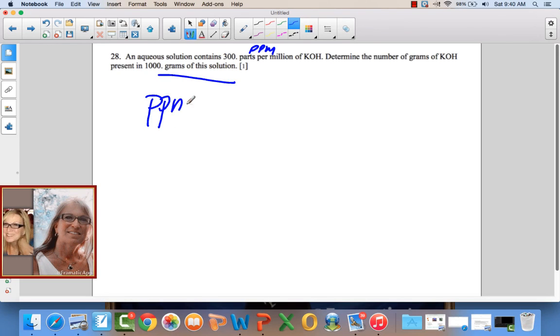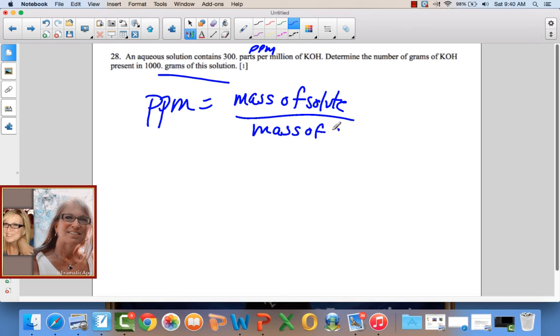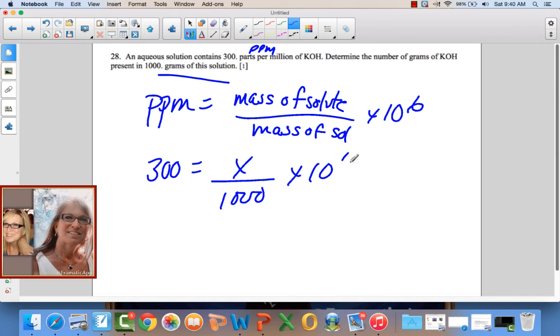So ppm equals mass of solute over mass of solution times 10 to the 6th. You should get in the habit of writing everything down. 300 equals x over 1,000 times 10 to the 6th.